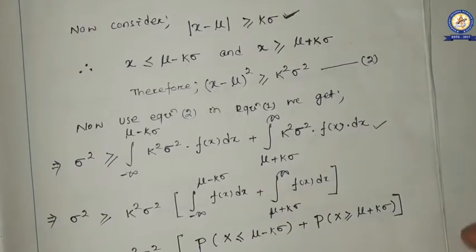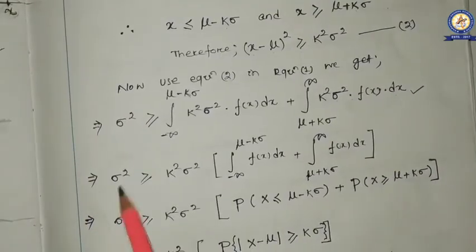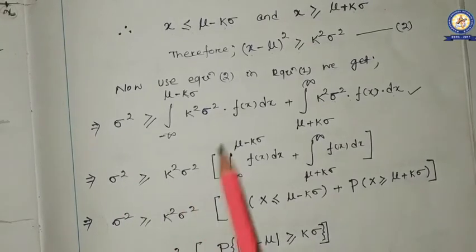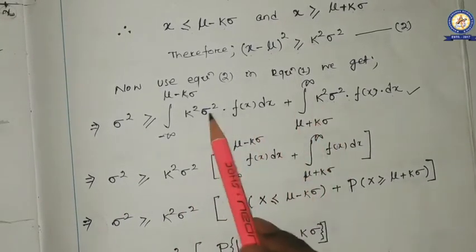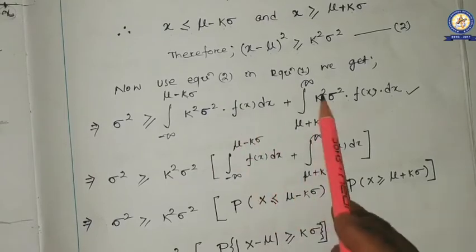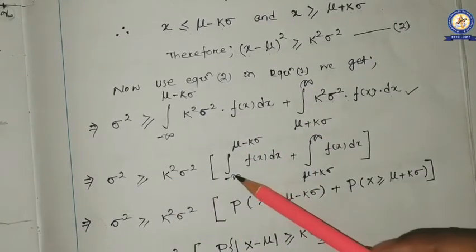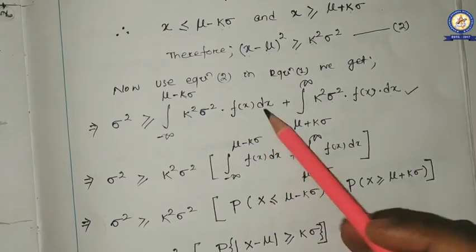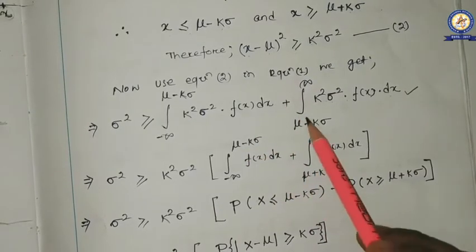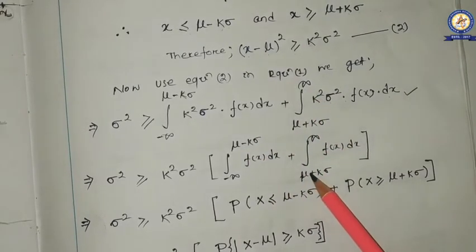That implies sigma square is greater than or equal to k square sigma square, taken common from these two terms, times the integral from minus infinity to mu minus k sigma of f(x) dx, plus this integral.